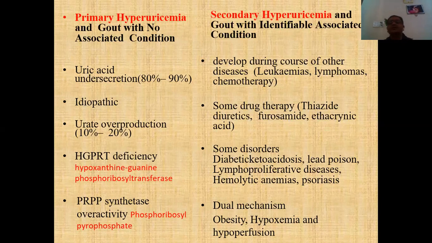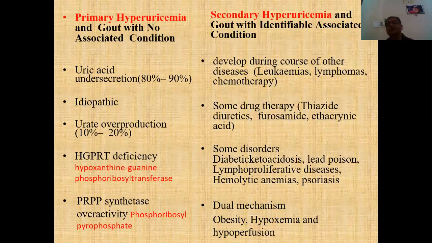Now, secondary hyperuricemia is where the exact reason is known. Yes, this is because of a particular condition, or food that you have consumed, so that there is excess production of uric acid. It occurs during the course of other diseases in your body, such as leukemia and lymphomas.